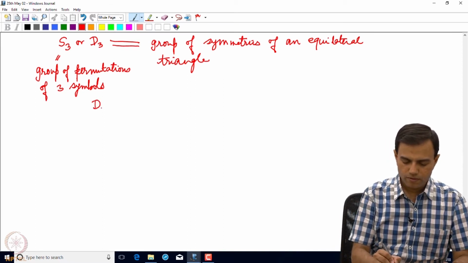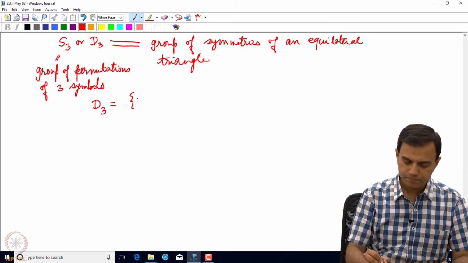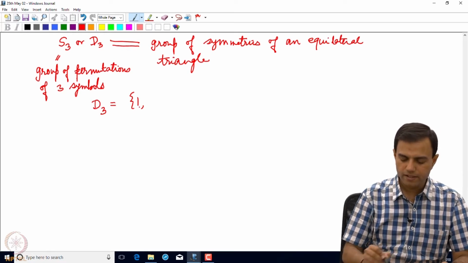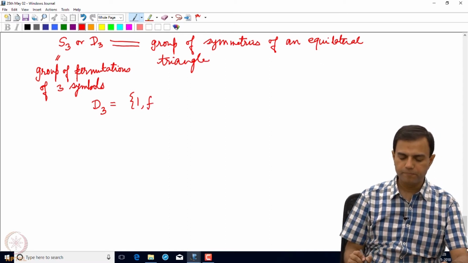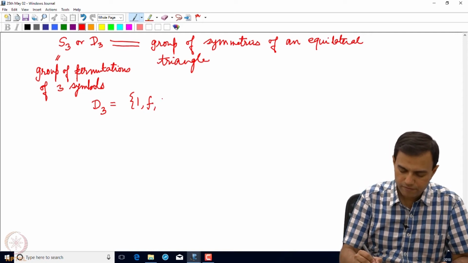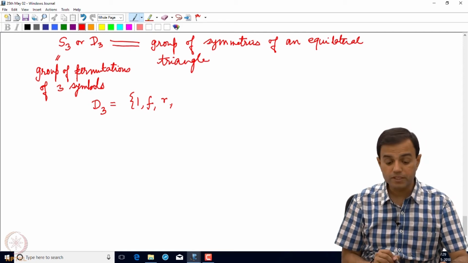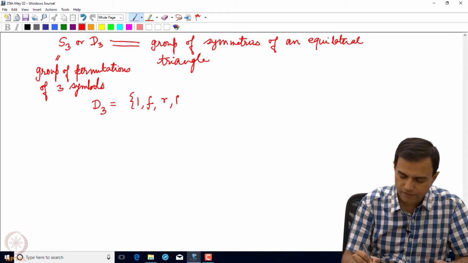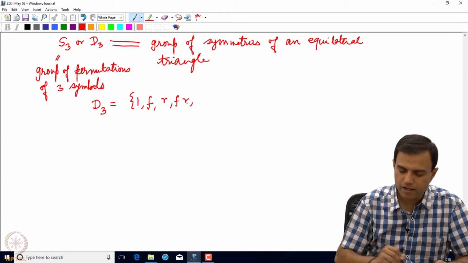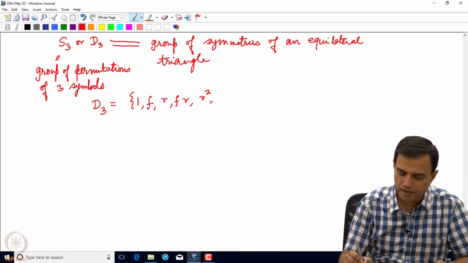So you recall what is D3, Dn we had seen. So we have identity, we have flipping, we have rotation by, in this case, 2 pi by 3, 120 degrees, and then we have Fr, we have R square, and we have Fr square.